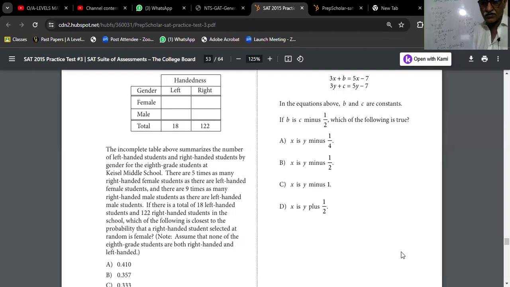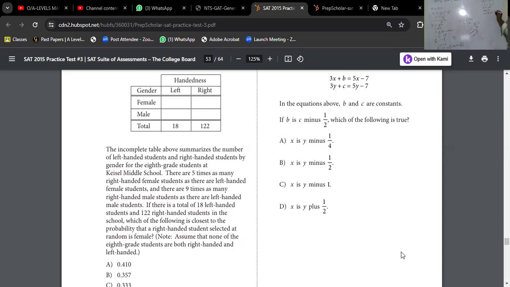And now there are 5 times as many right-handed female students, so 5X, plus 9 times as many male students, so 9Y, and that is equal to 122.